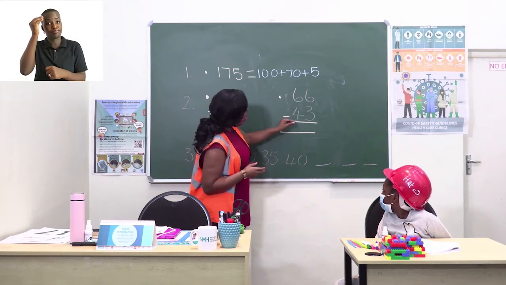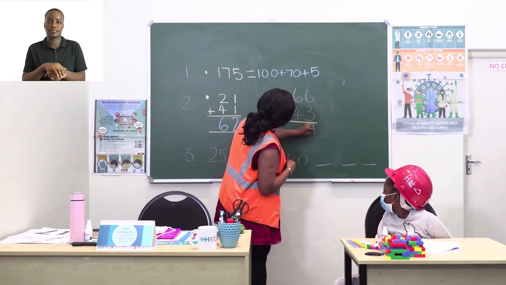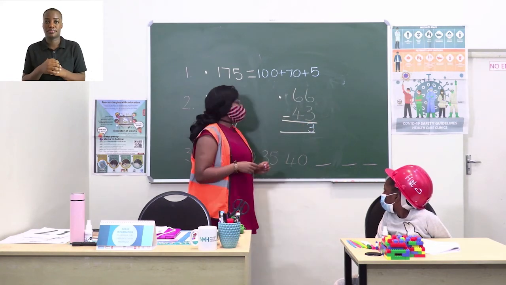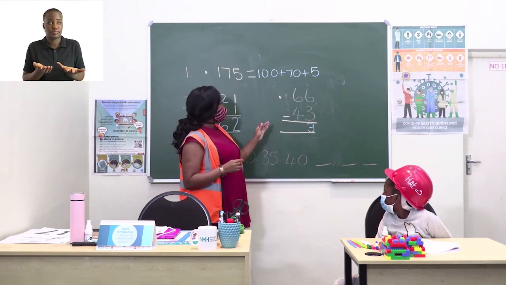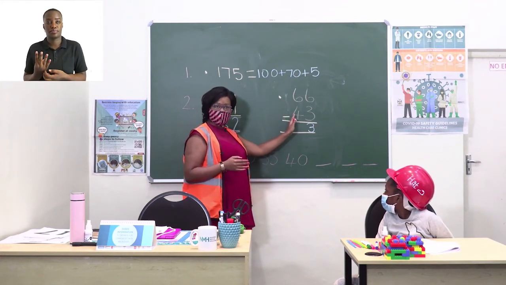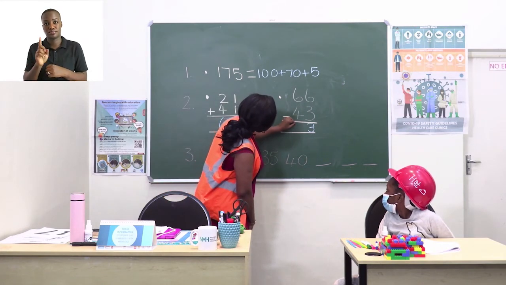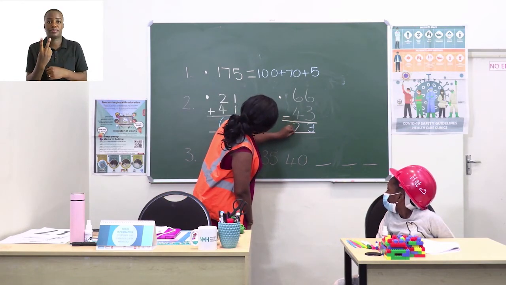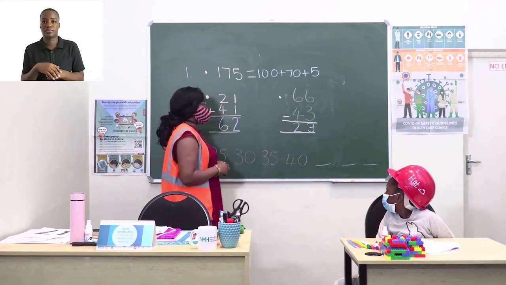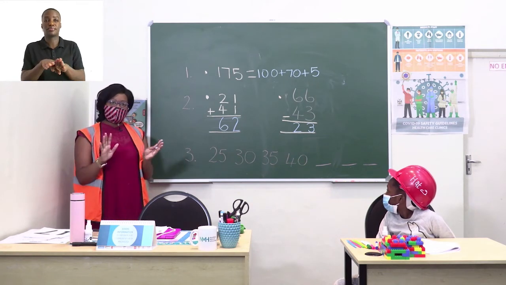It is 3. So we are writing our 3. Then we are going to say 6 minus 4. Our answer is 2. There you have it. So the rest you are going to do by yourselves for number 2.